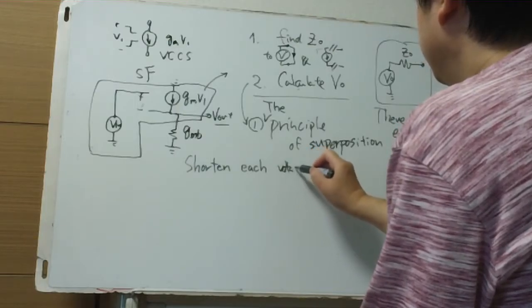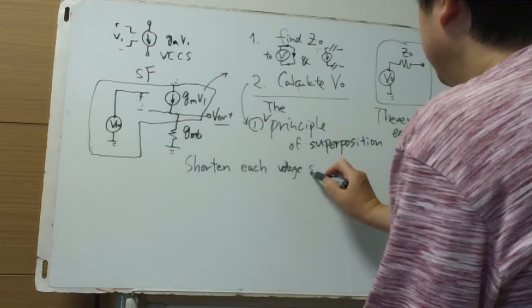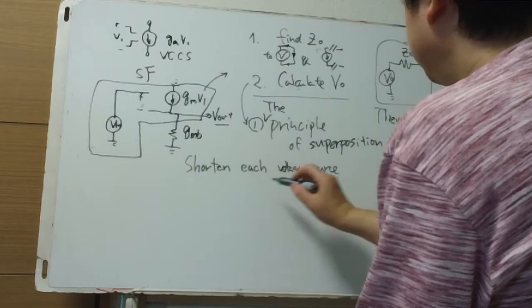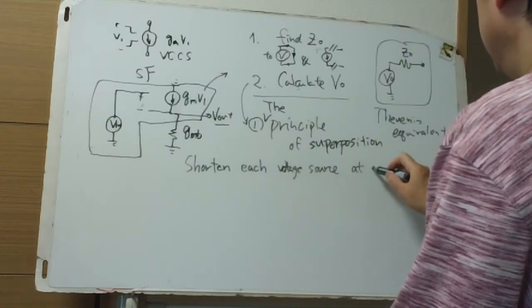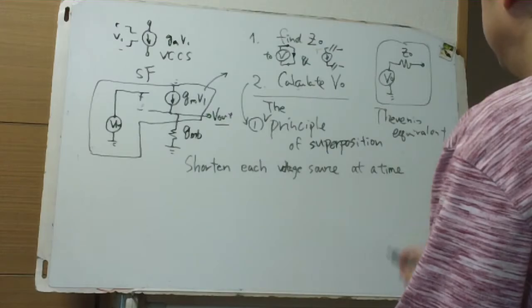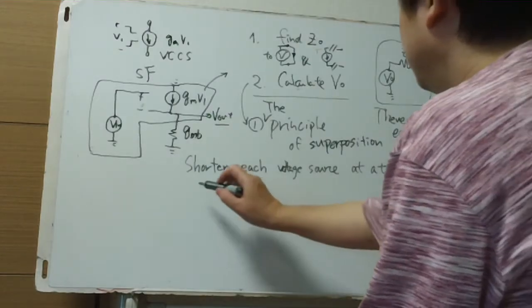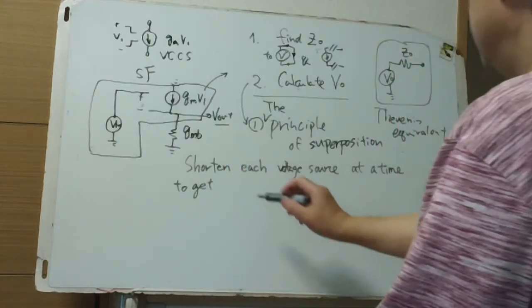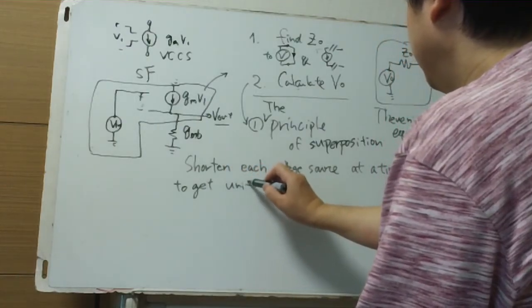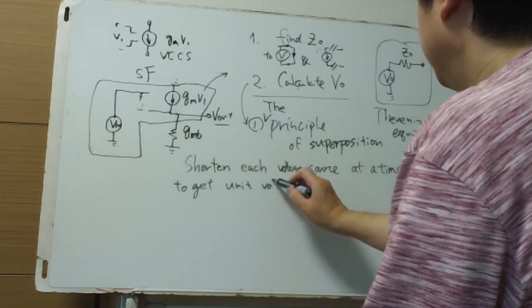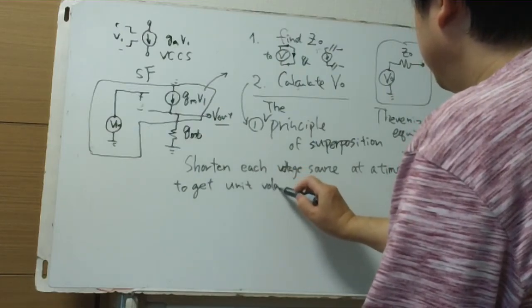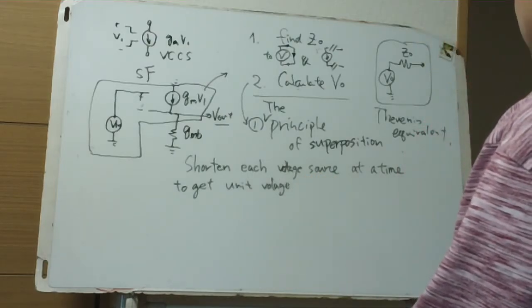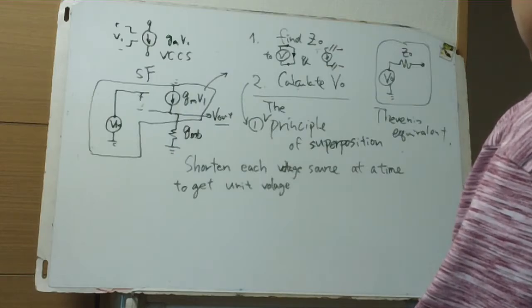Shorten each voltage source at a time to get a unit voltage source, each voltage source at a time.